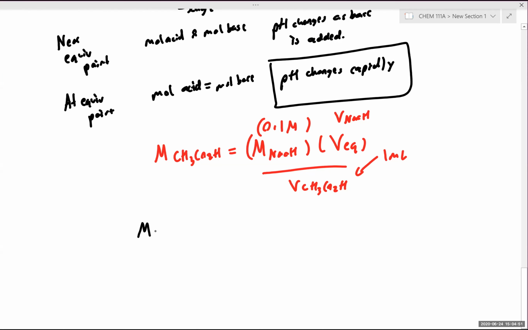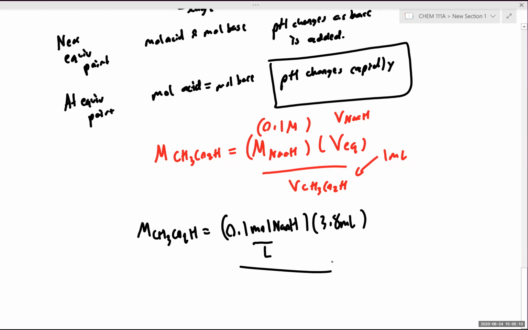In this case, the molarity of acetic acid is equal to 0.1 moles of sodium hydroxide per liter times 3.8 milliliters of sodium hydroxide over 1.0 milliliters of acetic acid, times 1 mole of acetic acid per 1 mole of NaOH.